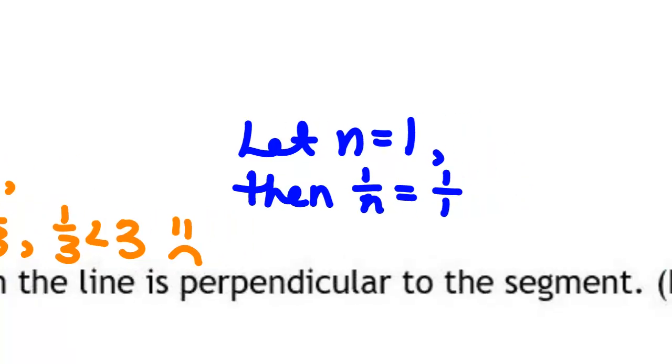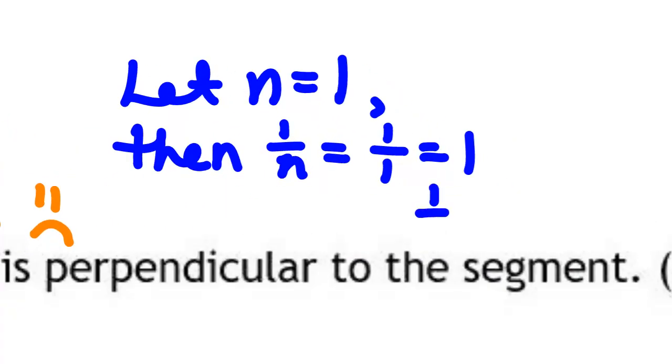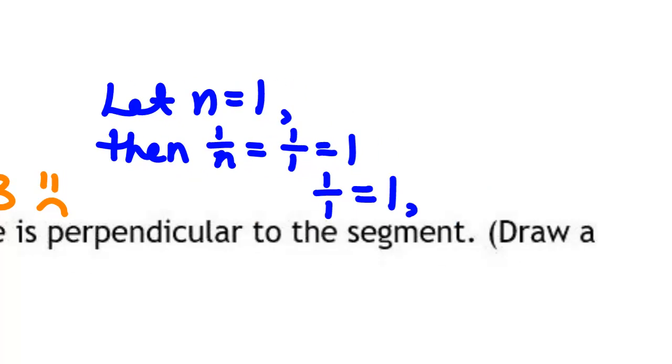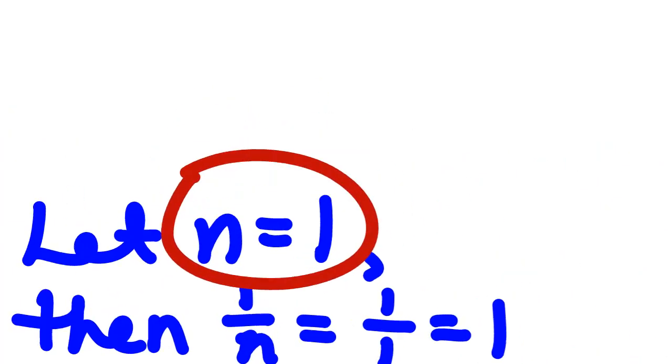What is 1 over 1? 1. So 1 over 1 is equal to 1, not 1 over 1 is less than 1. I found an example that'll work here. So this right here would be my counterexample.